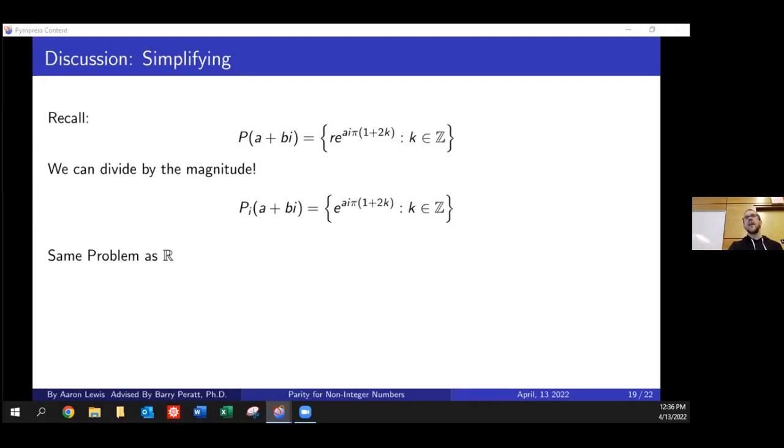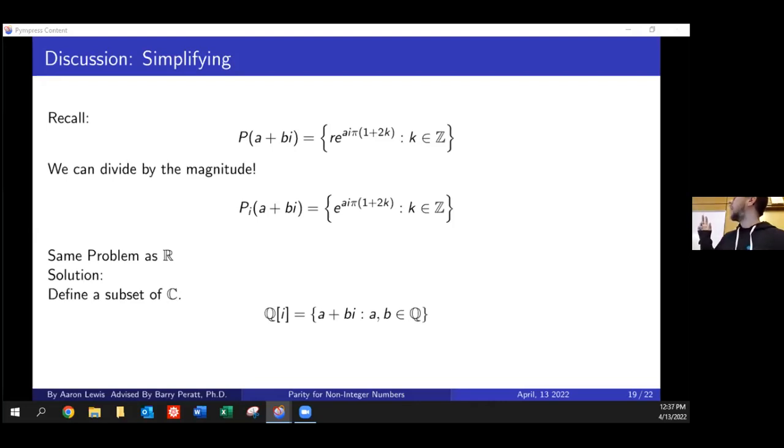But we do run into the same problem as with the real numbers with any irrational numbers. So we can define a subset of the complex numbers as Qi, containing any A plus BI where A and B are within the rational numbers. Essentially, just the complex numbers restricted to the rational numbers.